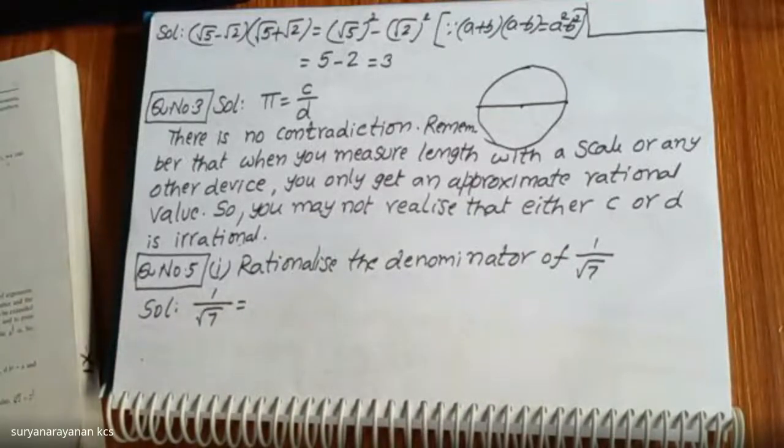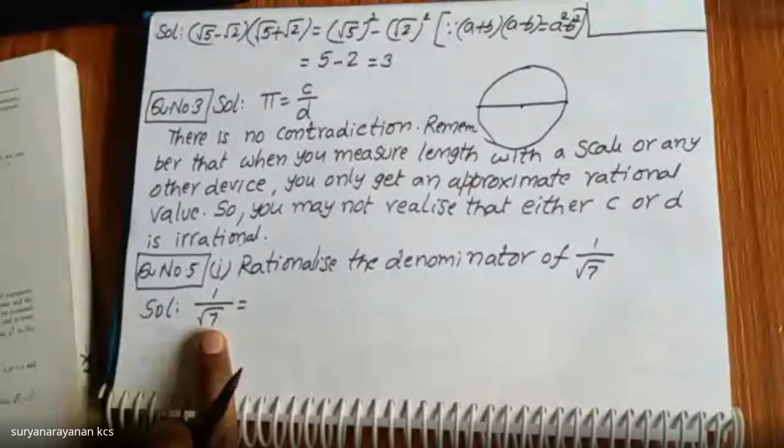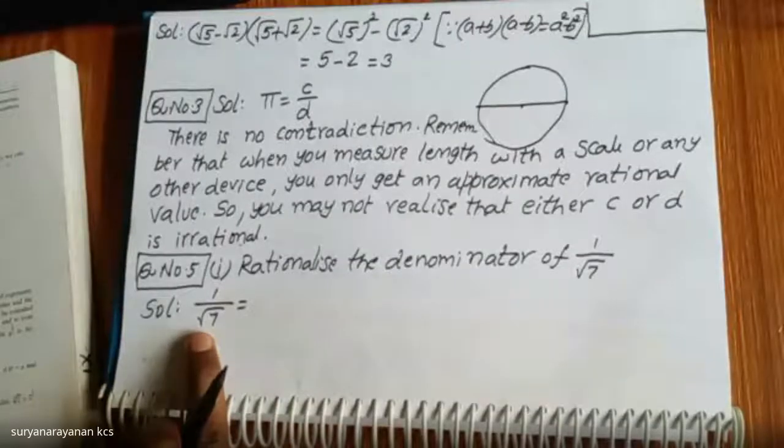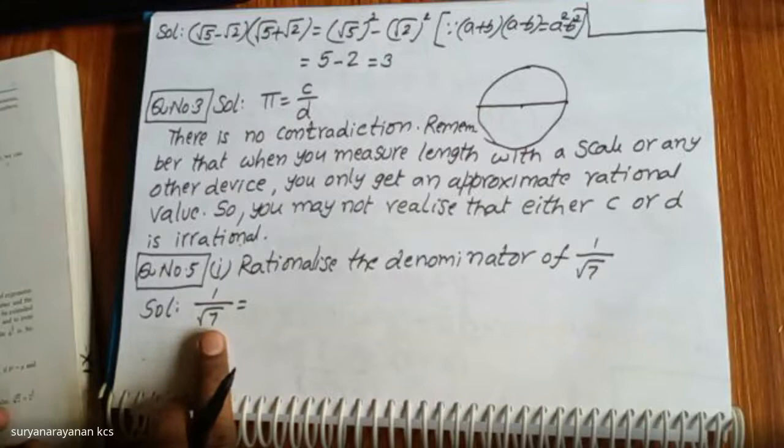What is the denominator here? Root 7. Then what is the rationalizing factor of root 7? Yes, the rationalizing factor of root 7 is root 7 only. Yesterday we discussed that if any number is in the form of root a, where a is equal to 7 here, its rationalizing factor is root a only.